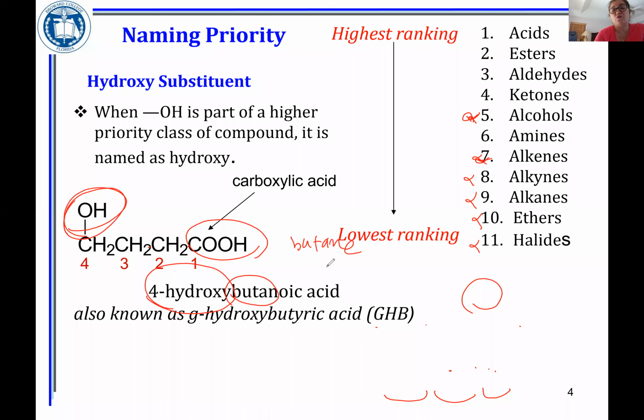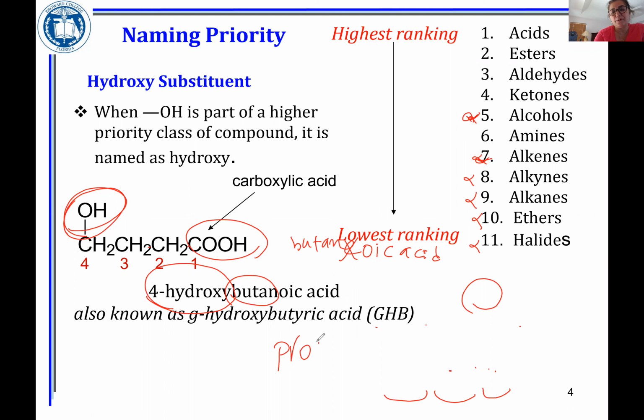You don't have to know about the naming of carboxylic acid. Just know that carboxylic acid has high priority compared to your OH. You drop the E and you add oic acid. Okay? So if you have a 4 carbon acid, it would be butanoic acid. And if you have 3, it would be propanoic acid.